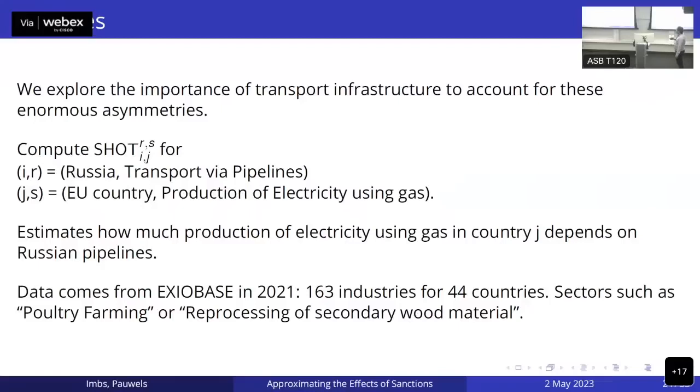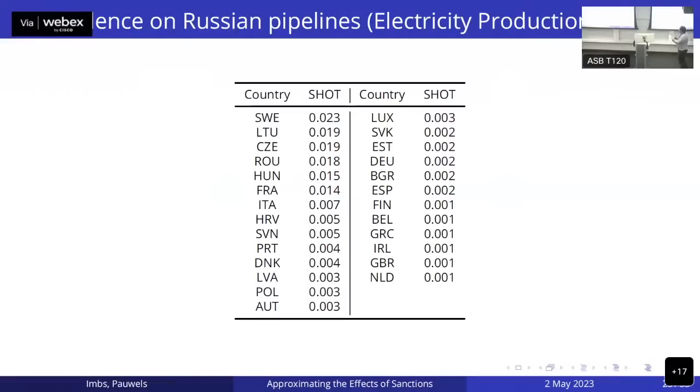We use Exiobase in 2021. It's much more granular for this sort of thing. Again, very quickly, what we show is that the Eastern European economies, the former satellite countries of the Soviet Union, are very much integrated in the infrastructure with Russia, and this explains why they are so dependent.